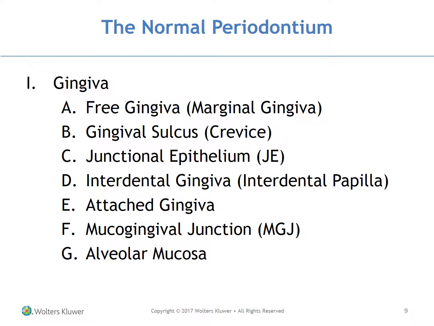So the boundaries include: the inner boundary is adjacent to the tooth surface, and this may be enamel or cementum or part of each, okay, depending on the position of that junctional epithelium, that attachment. The outer part is going to be the sulcar epithelium of the free gingiva.